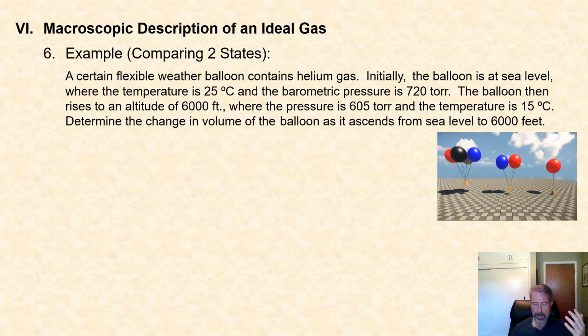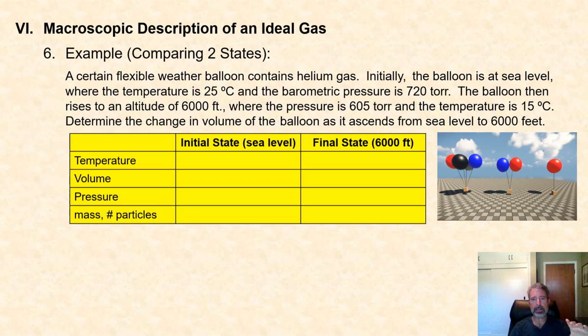So let's start out, as we did in the previous problem, by identifying what each of these variables is: pressure, volume, temperature, amount of gas, for both the initial state and the final state. The initial state of the gas at sea level versus a final state at 6,000 feet.